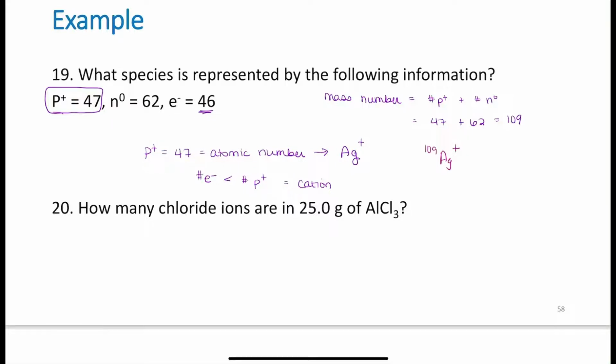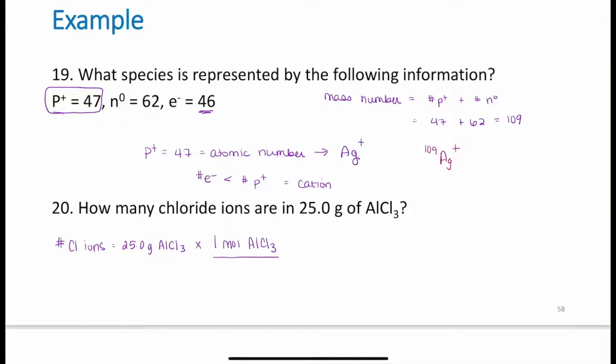How many chloride ions are in 25 grams of aluminum chloride? AlCl3 is aluminum chloride. I want number of chloride ions. Starting with 25 grams of aluminum chloride. Always, always, always convert to moles. In order to do that, you do need the molar mass of aluminum chloride.